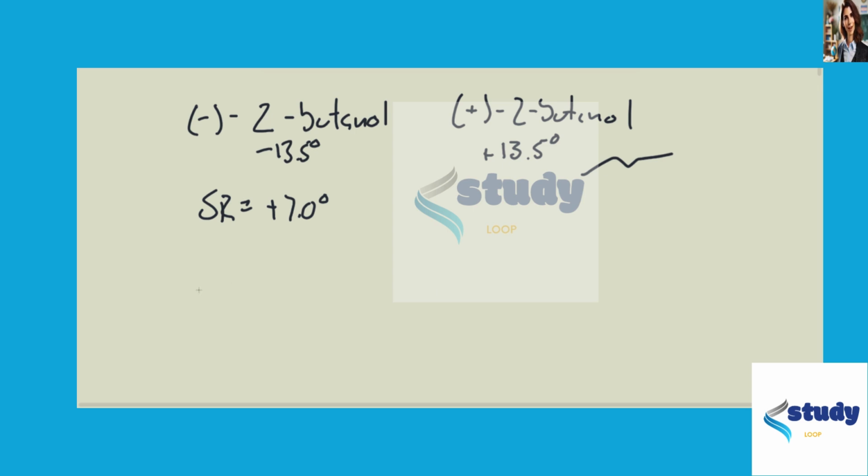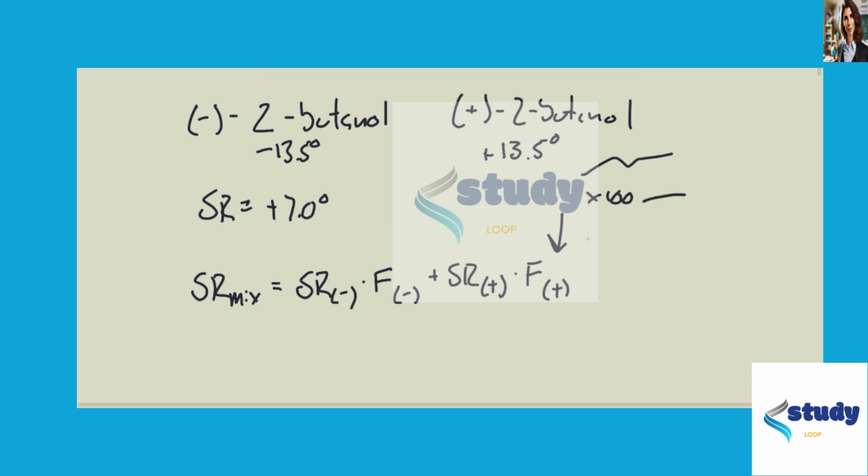The formula we need is that the specific rotation of a mixture is equal to the specific rotation of the negative enantiomer times the fraction of our solution that is that negative enantiomer, plus the specific rotation of the positive enantiomer times the fraction of our solution that is the positive enantiomer. So this is the number we want. It'll be in fraction form, so we'll have to multiply it by 100 to get a percent, but that's all right. We still just want to get this fraction.